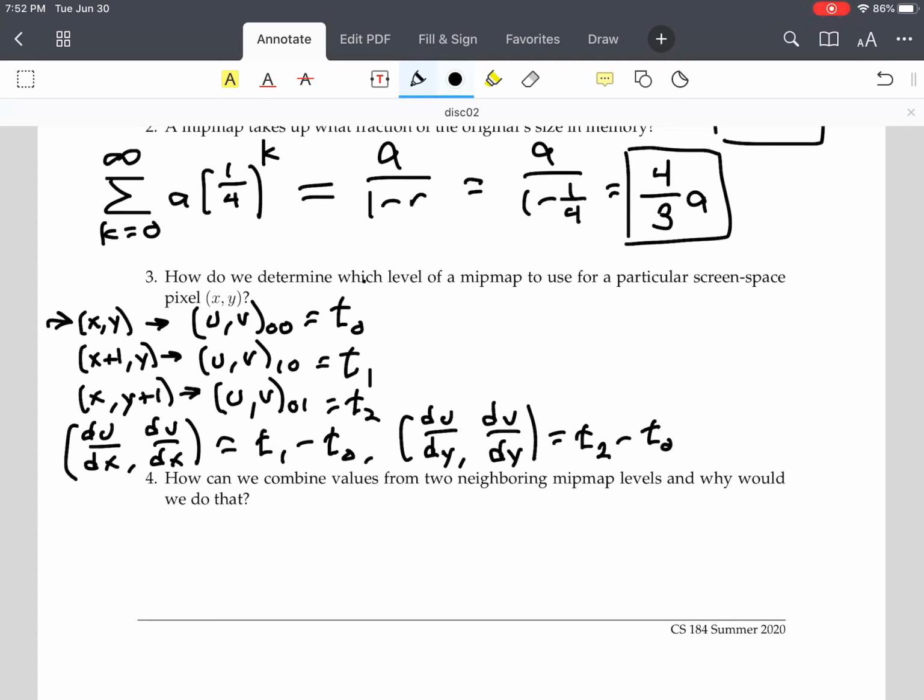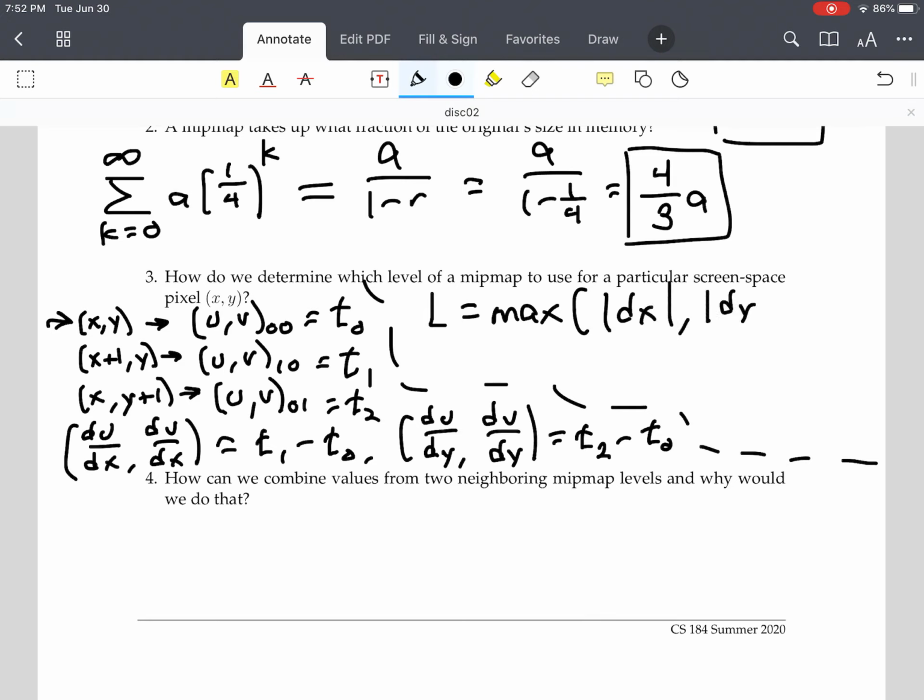So what we're going to do is, let me demarcate that, okay? And then we're going to call L equal to the max of the lengths of dx and dy. I kind of used a little bit of a short form here. I'm sorry about that, I just don't have a lot of space to work with.